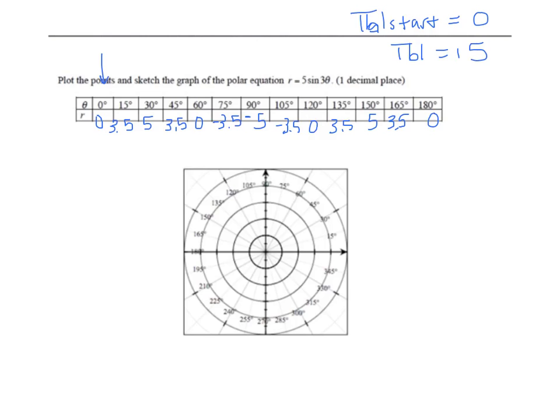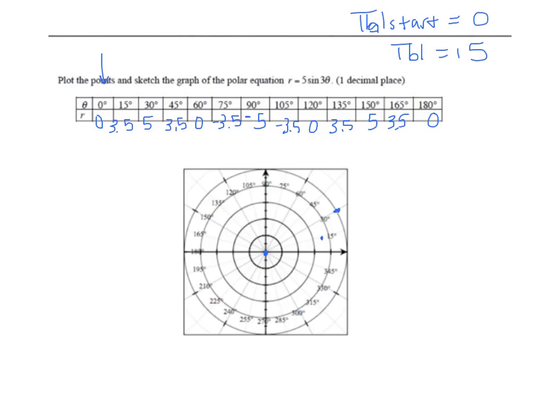Okay, so now we have these values, and we're going to graph them. At 0 degrees, 0 out. At 15, I'm going to go out 3.5. 1, 2, 3.5. At 30, I'm going to go 5, so that's here.